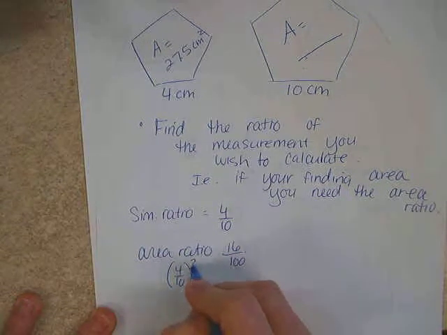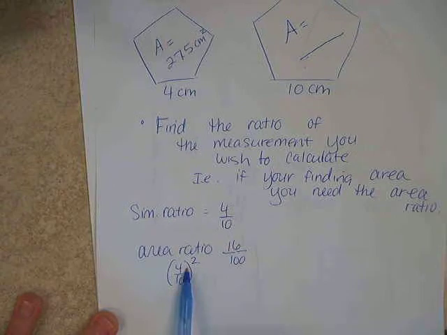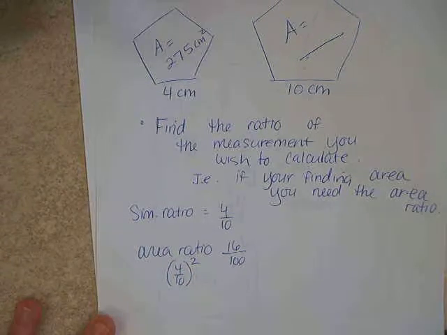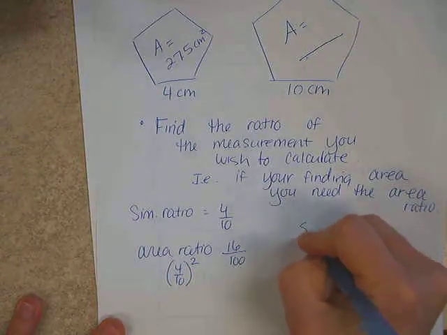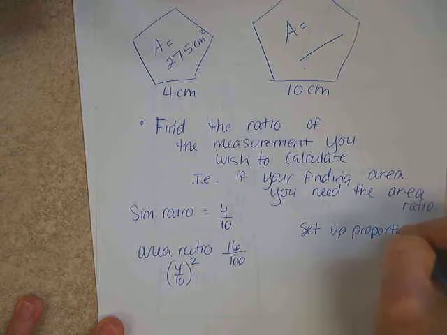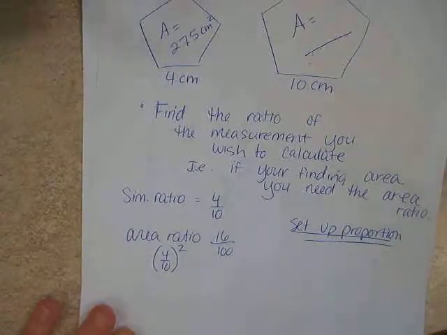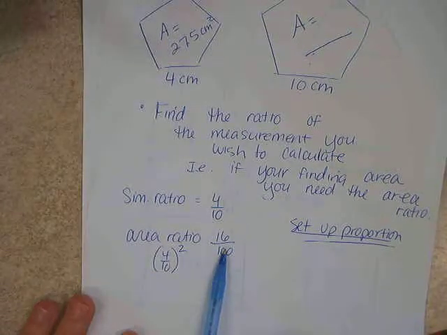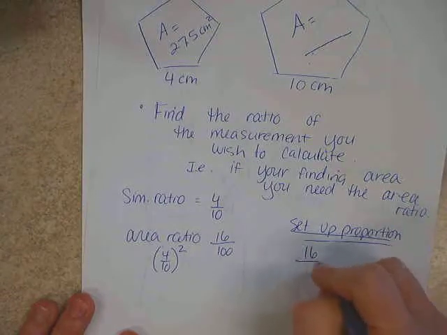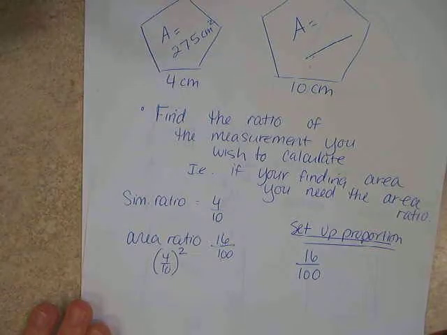So 4/10, which means my area ratio would be what? 16 over 100, because I'm going to do 4 over 10 squared, right? And when you square a fraction, you square the top and the bottom. Once you get the right ratio, you are going to set up a proportion.